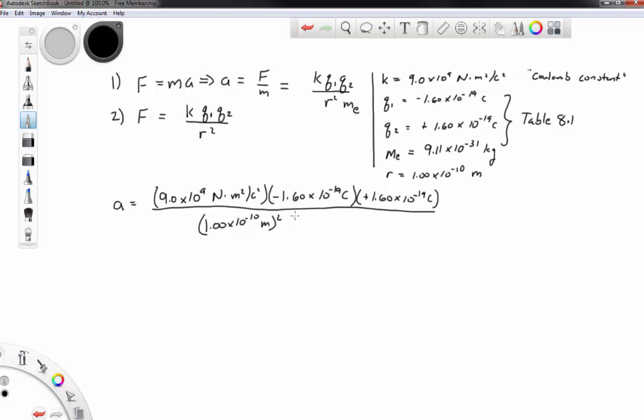And then we also have to factor in the mass of that electron, 9.11 times 10 to the minus 31 kilograms. So that's plugging all of our information in.